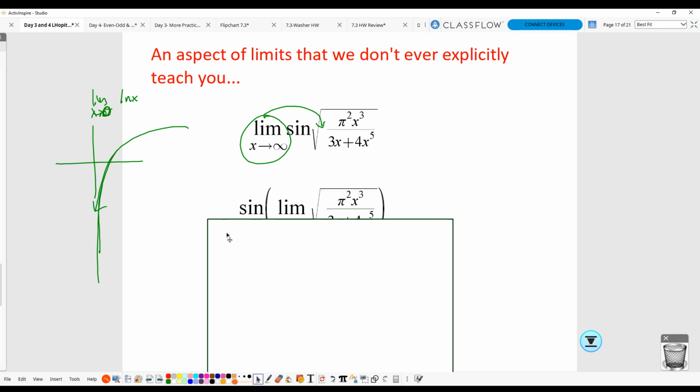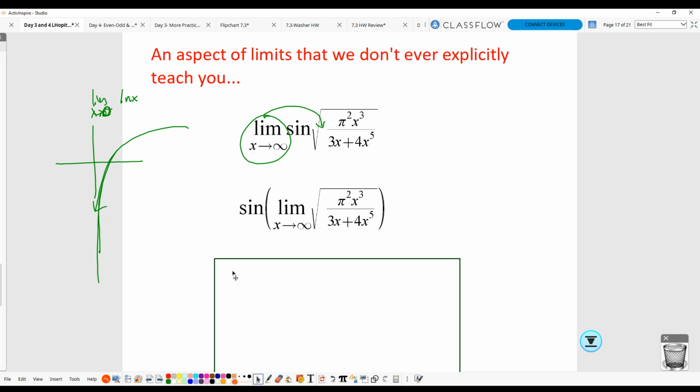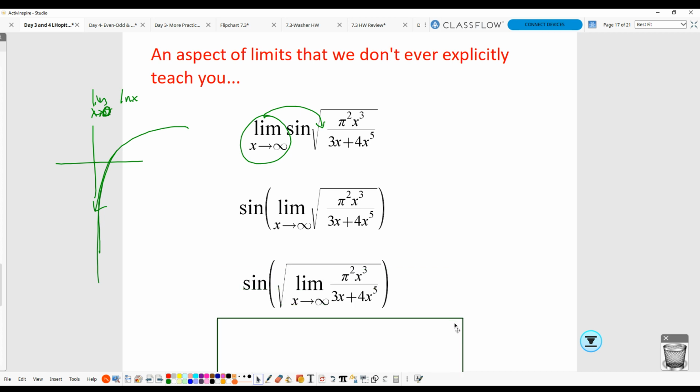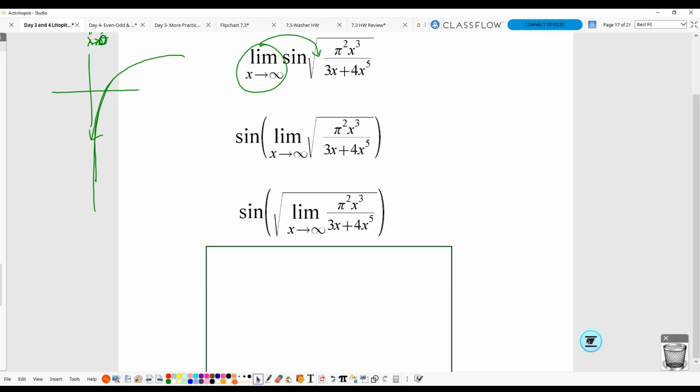Sine didn't have x on it yet, so I'm going to move the limit in. The square root doesn't have x on it yet, so I'm going to move that in as well. Just move it inside.